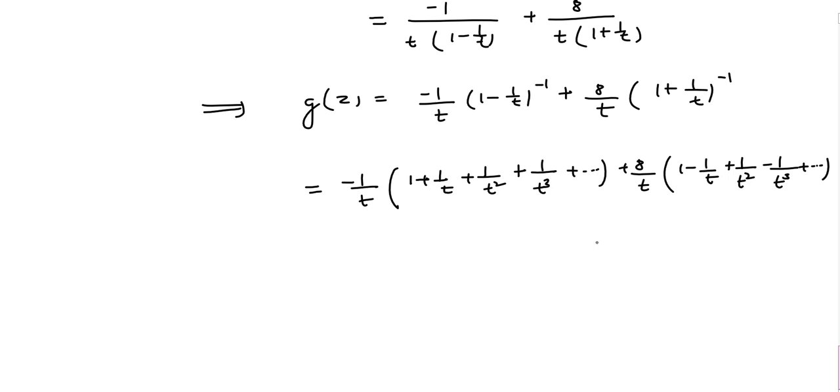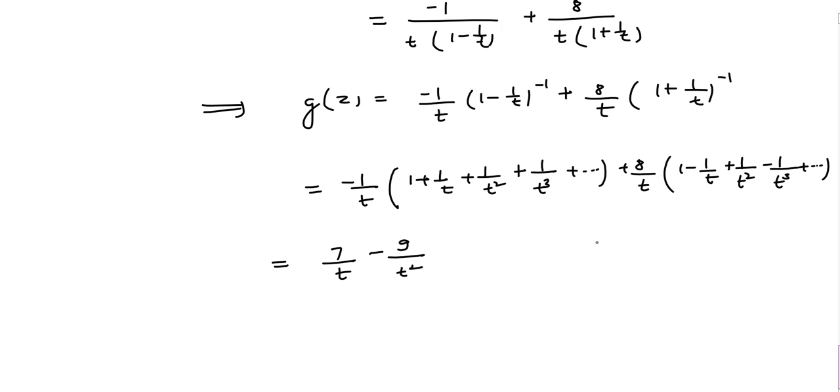So finally we need to simplify the whole term. Here negative 1 by t plus 8 by t, so we will get 7 by t. Then negative 1 by t square negative 8 by t square, that is negative 9 by t square.